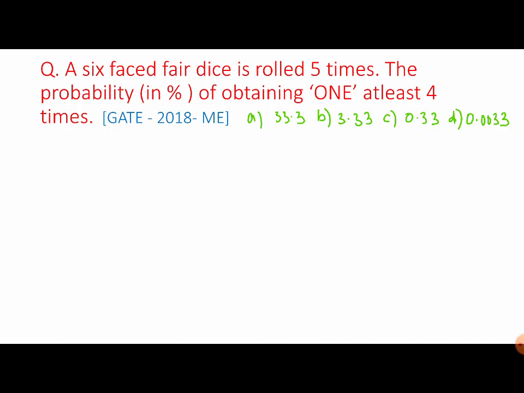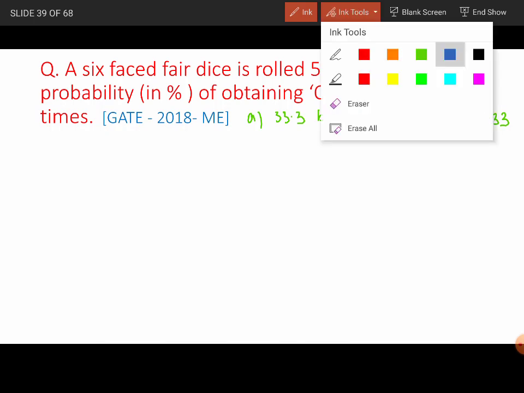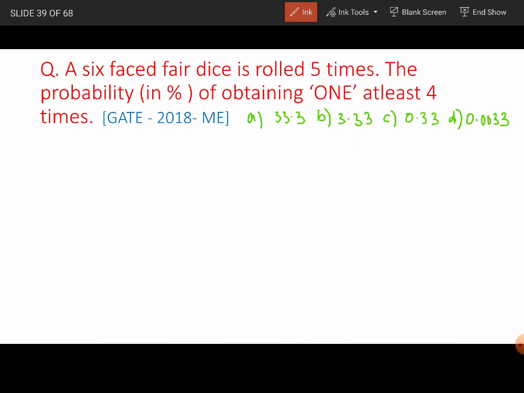So here we use the binomial distribution. Usually whenever it is a repetitive experiment, we use the binomial distribution method.